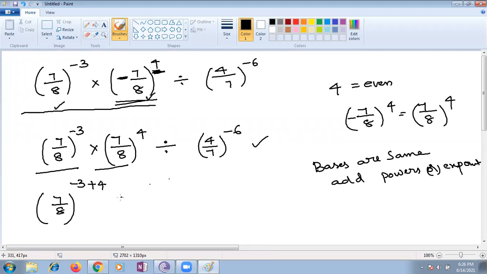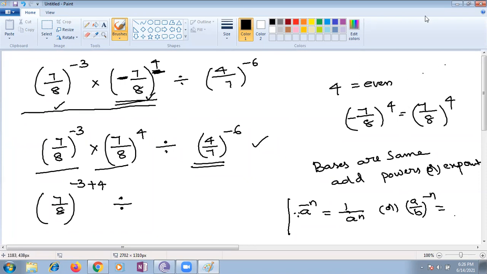This is as usual, I'm taking division. Pallav, since you're using a power minus n technique, I'm using this law here. From this law I'm writing a power n, or another law is a by b whole power minus n can be written as b by a whole power n.